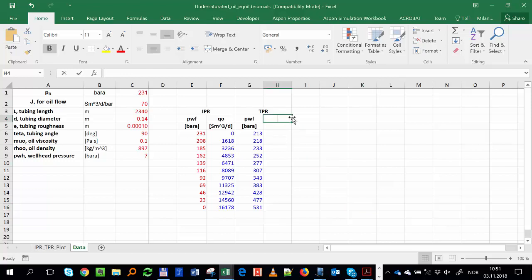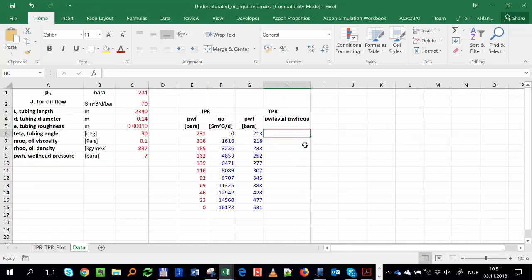That was PWF available minus PWF required. The available is this one. The required is this one. And I have it exactly here between these two.